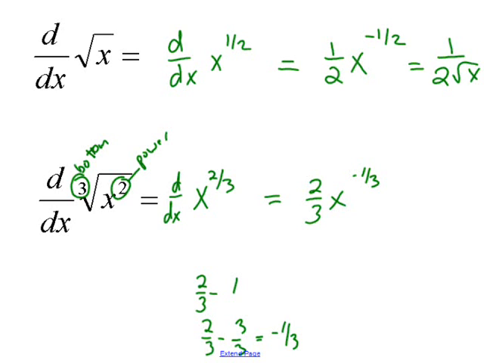If you're looking for a different way to write that, you can write that as 2 over 3 cubic root of x. Remember, negatives are really fractions. Anytime you see a negative exponent, think fractions.